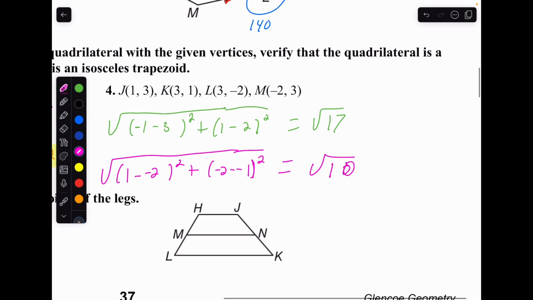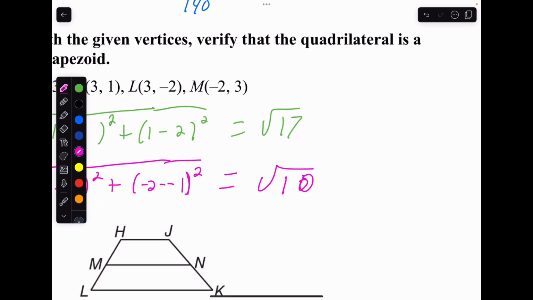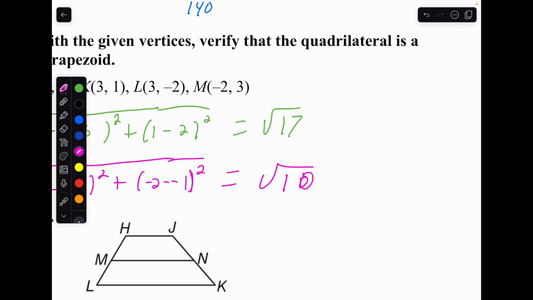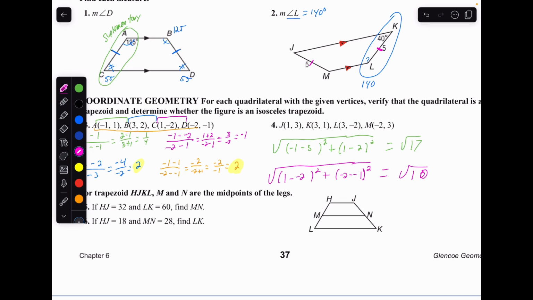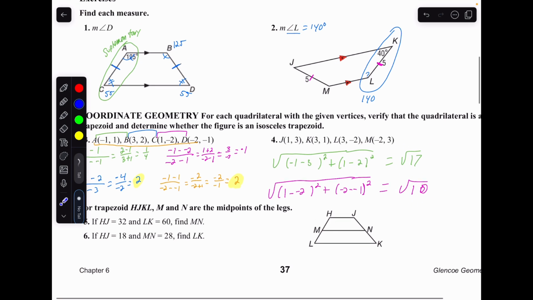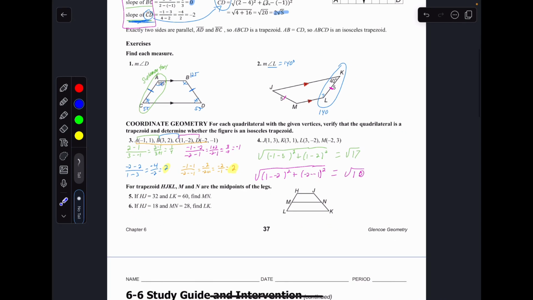So now looking at this, I see that those two are not congruent. Therefore, this trapezoid, it is a trapezoid because I found two sides that are parallel, but it's not an isosceles trapezoid because the two that were not parallel are not congruent. Therefore, problem number 3, I can say it's a trapezoid, but it's not isosceles because the distances of the legs are not congruent.